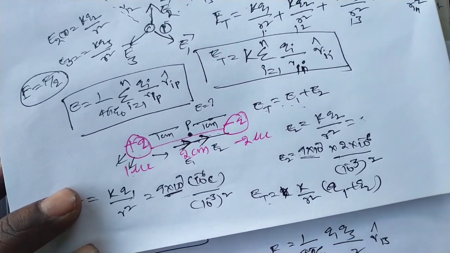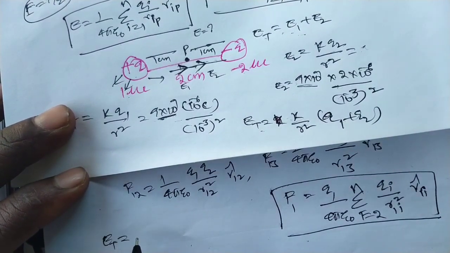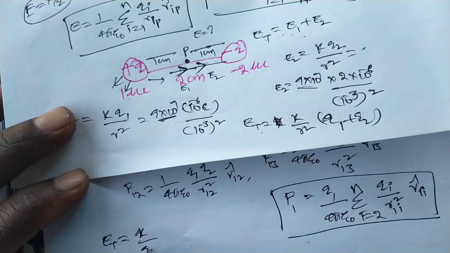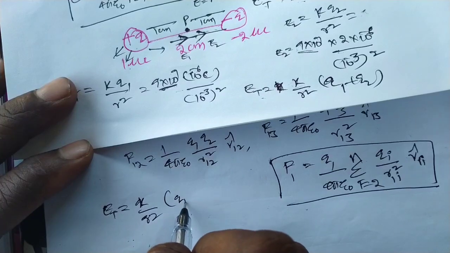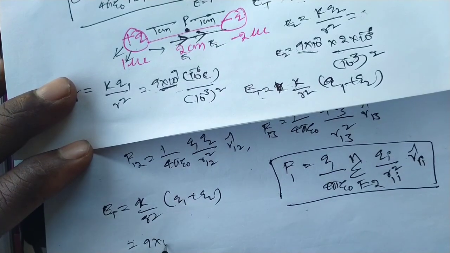From this equation we can simplify. The total electric field is K by R square into Q1 plus Q2, where K is equal to 9 into 10 to the power of 9, and R square.